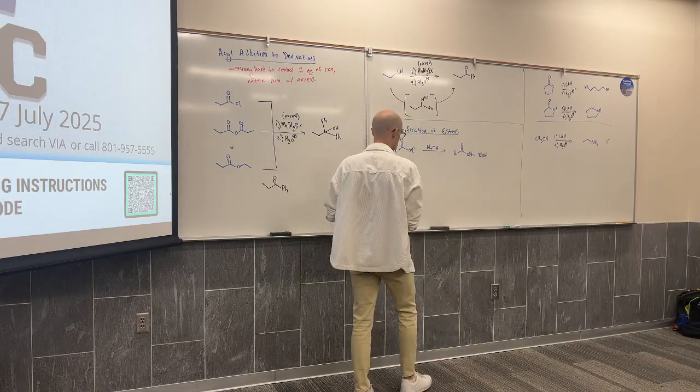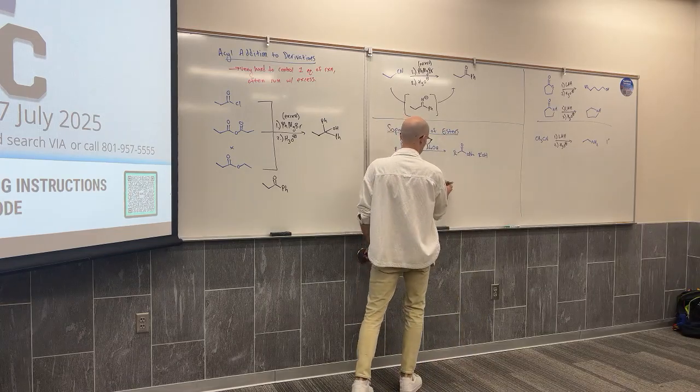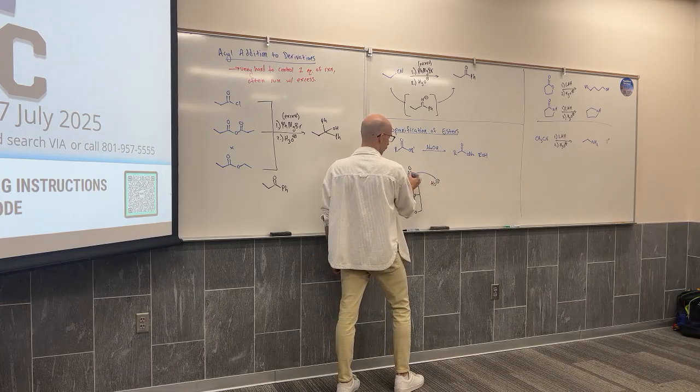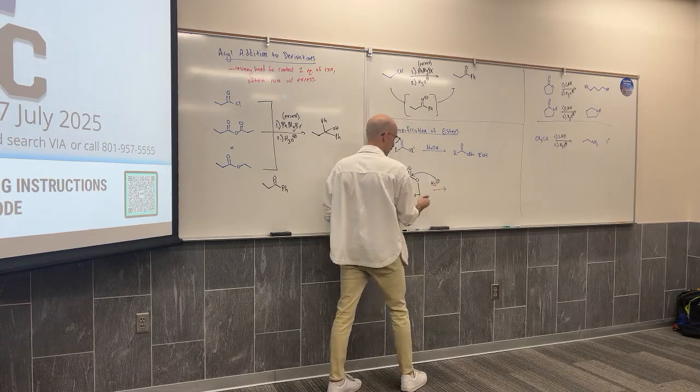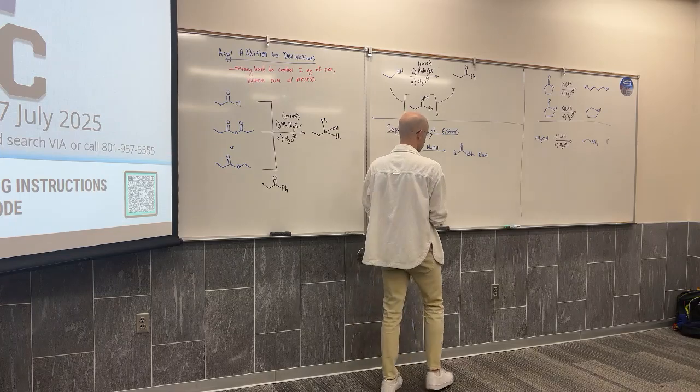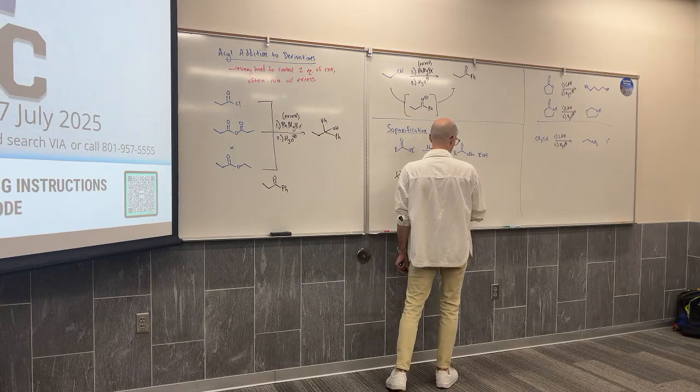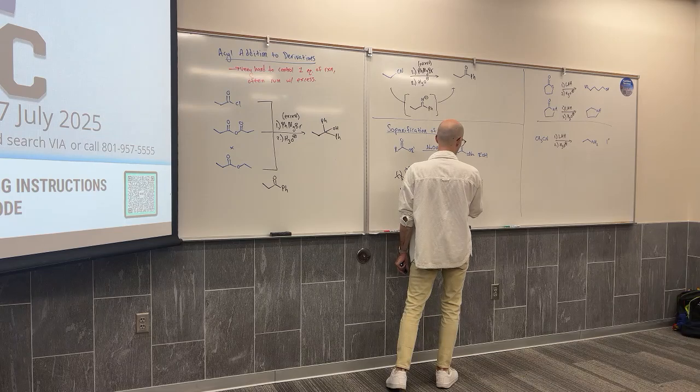When hydroxide is introduced, it attacks each of these carbonyl carbons. And I'm just going to do some abbreviations from here. It opens these carbonyl carbons into our tetrahedral intermediates, just like we were seeing before.